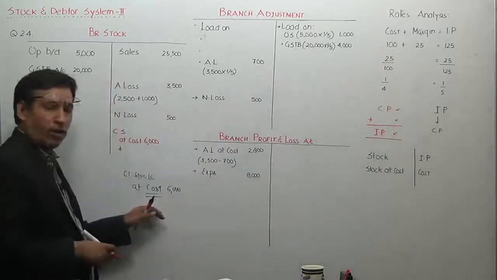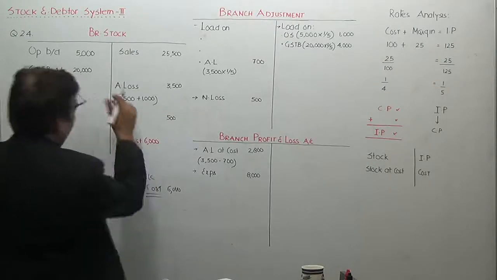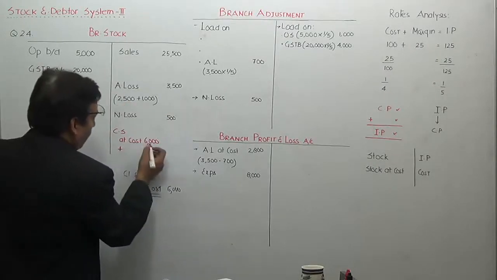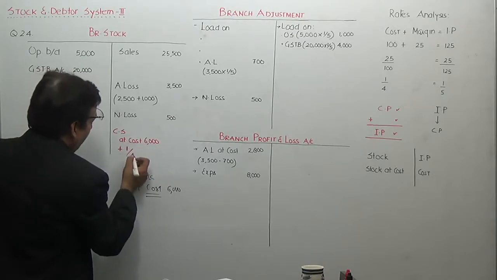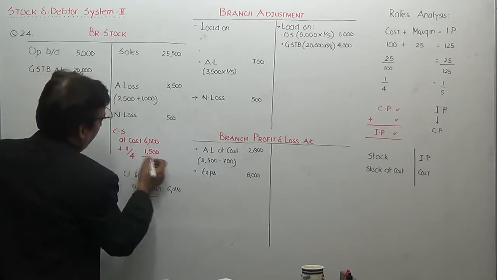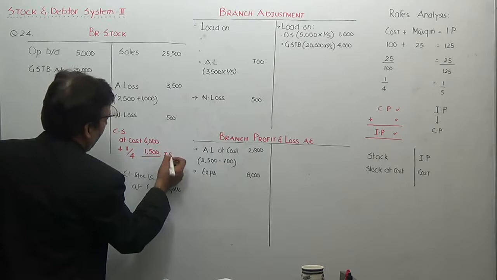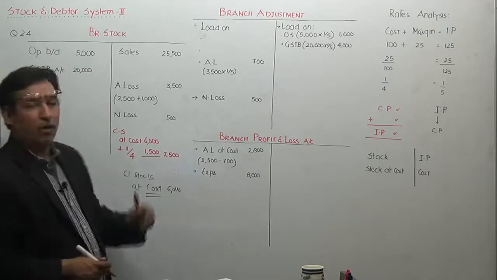Suppose if in the question it would have been written closing stock at cost, then in the branch stock account I would have written stock as follows. Closing stock at cost, and I would have added 1/4 of it, then it would have become the invoice price, 7,500. That means invoice price of closing stock is 7,500.